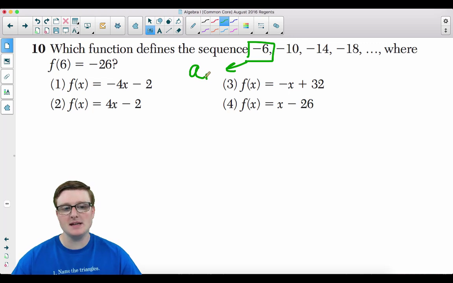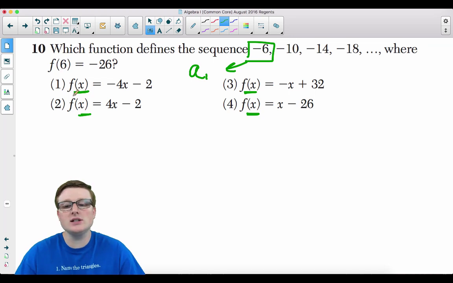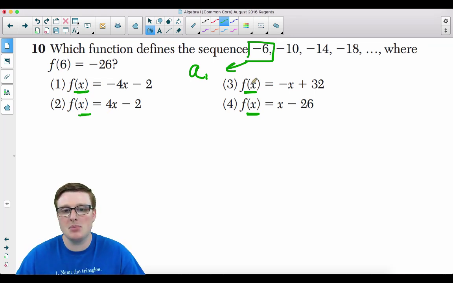So basically what that means is you take 1 and you plug it into all of these sequences. Look, you could plug in 6, but it's just easier to plug in 1. I believe if you plug in 6, there are 2 answers, and then you need to go back and find which one's the correct sequence. So let's take 1 and plug it into all these answer choices.